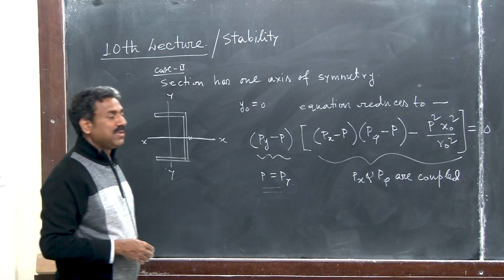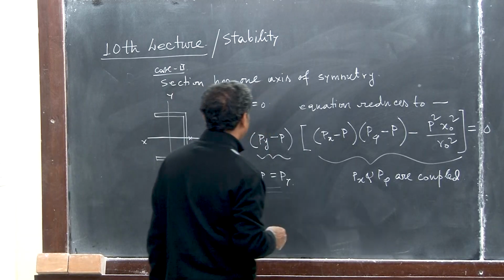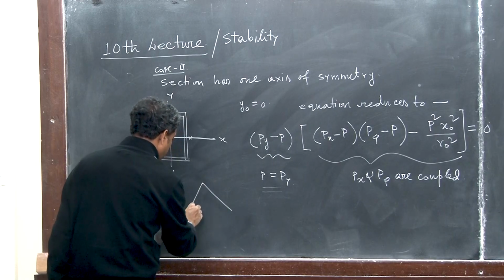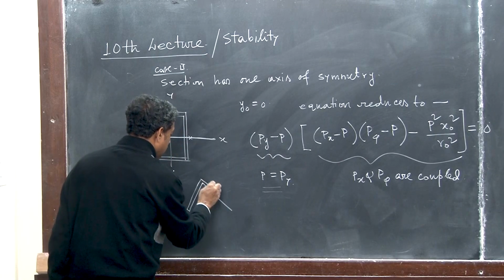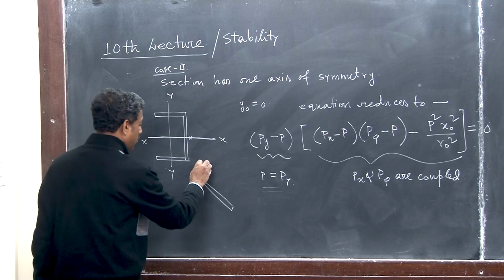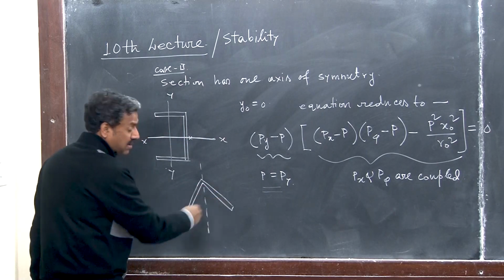So this is one example, the channel section, and there are other examples. For example, if you want to consider a hat kind of section, then this also has one axis of symmetry, right. Okay.